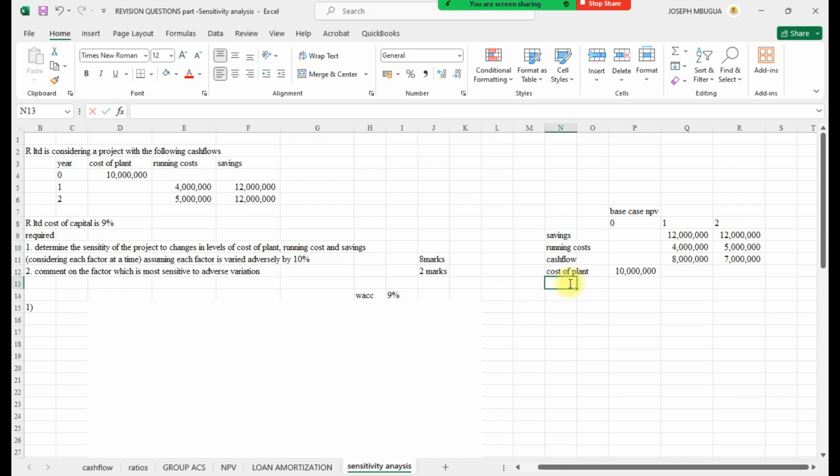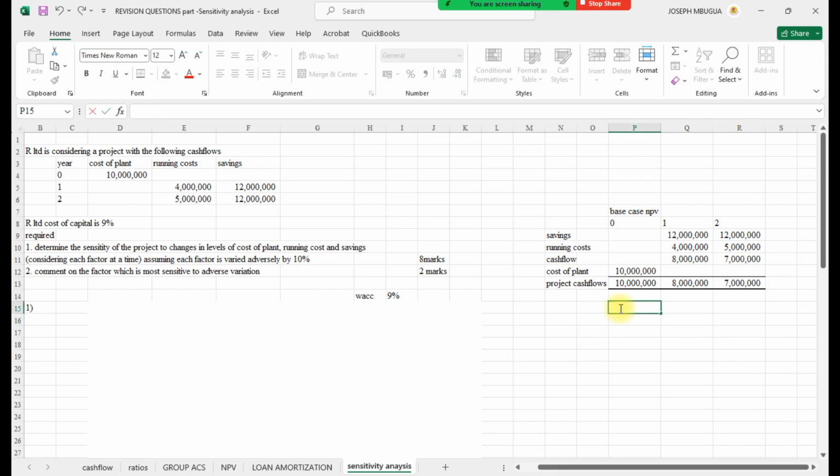So your project cash flows, year 0, year 1, and year 2, will be the same values that you are now supposed to discount to get the NPV. We know the rate.